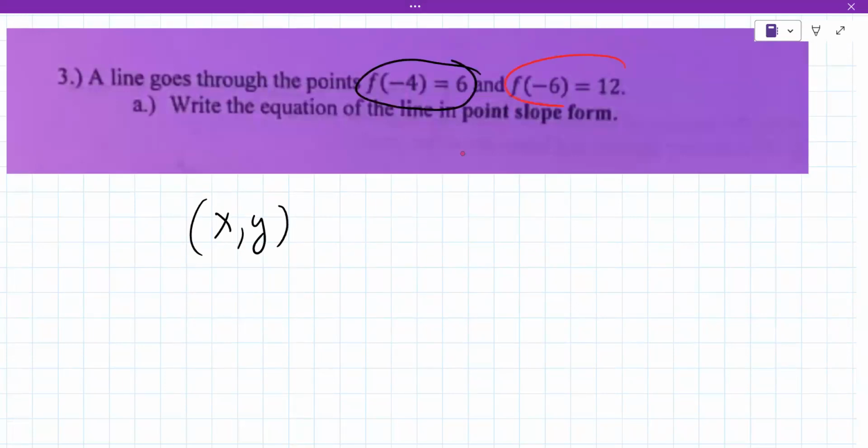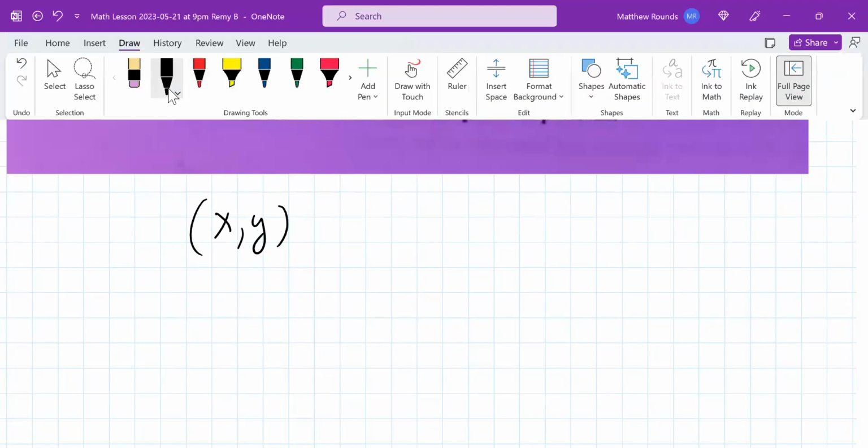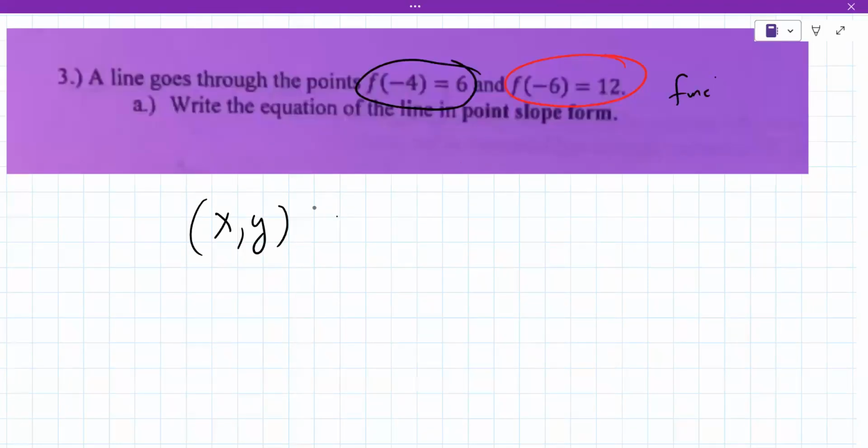Can you go from the function notation at the top to just an ordered pair? The x value would be -4, and the y value would be 6. And what about the other one? -6 and 12. Okay, good.